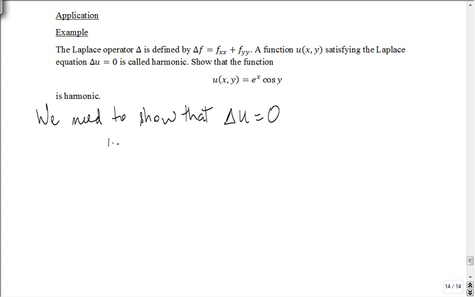So we need to show that uxx plus uyy is 0. So all we need to do is to find these two and see if we get 0. So look at the function. We need to get ux. So e to the x cosine y, what is the first partial of this with respect to x?